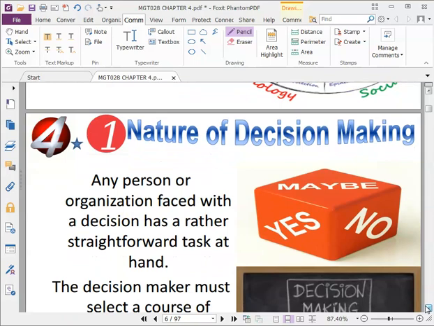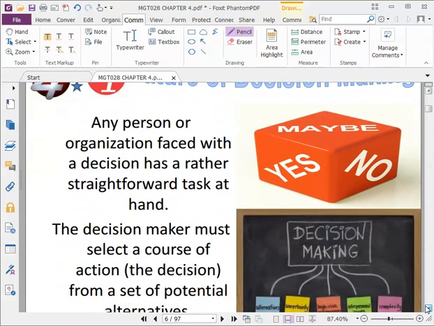Apa dia decision making ni? Tengok kat sini. Any person or organization faced with a decision has a rather straightforward task at hand. Maksud dia apa? Selain daripada dalam organisasi, the person or the employee itself or the CEO of the company will always be facing situations where we must make a decision.